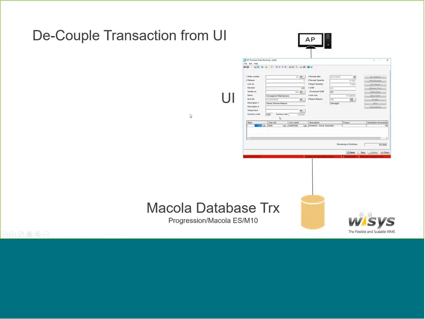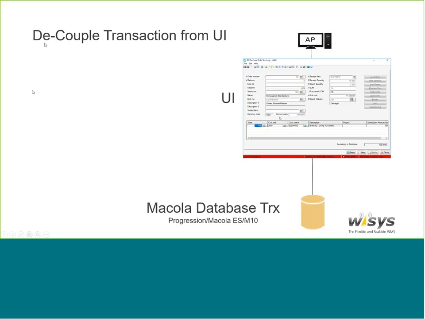And it's kind of one of the problems with Macola is that all these COBOL screens are both the user interface, and they also contain the transaction itself. So the transaction is actually encapsulated into the screen, and it's not available to be used in any other way.